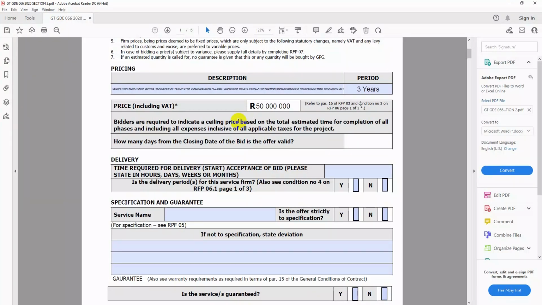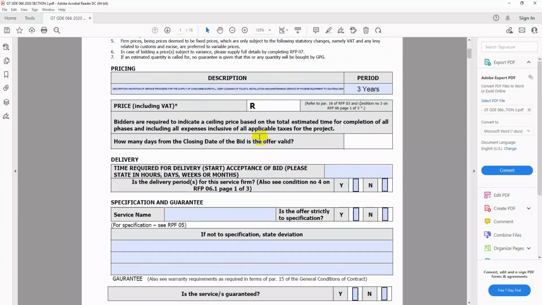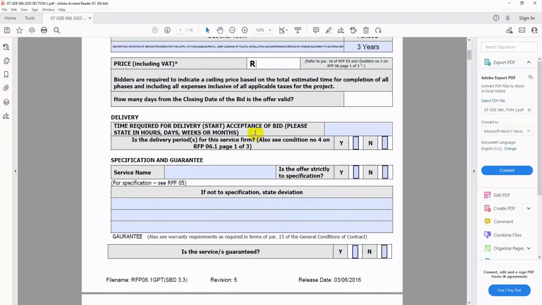You cannot just decide to write 50 million there without going through what is needed. So when they refer you to paragraph 16, obviously it should be a guidance on what it is that you need to quote.